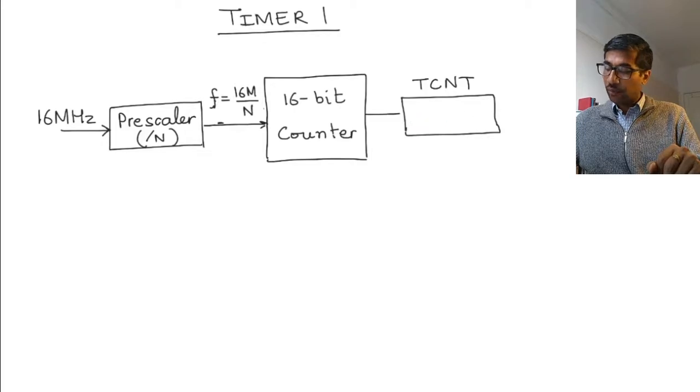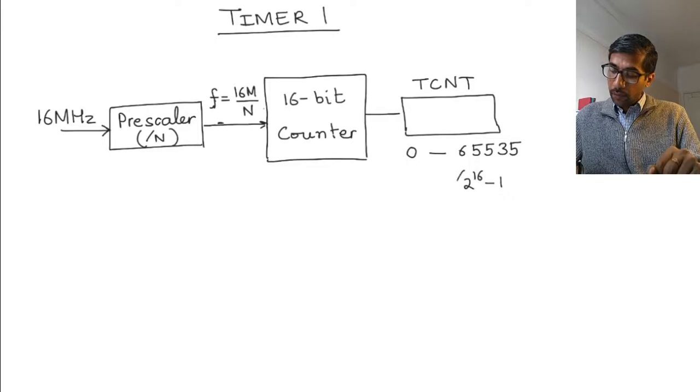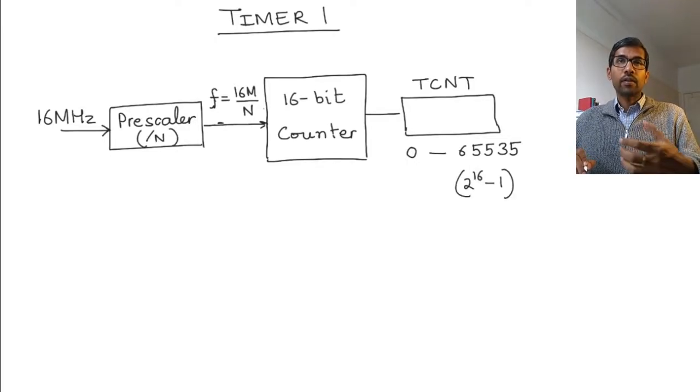And this T count is a 16-bit number, right? Which means that it can take values between 0 to 65535, which is 2 to the power 16 minus 1. Okay, so that's the output that you can have.